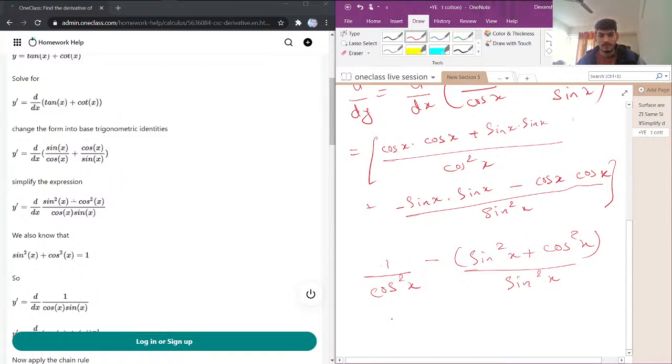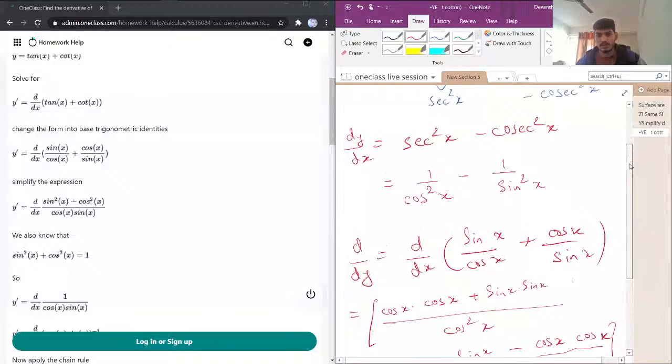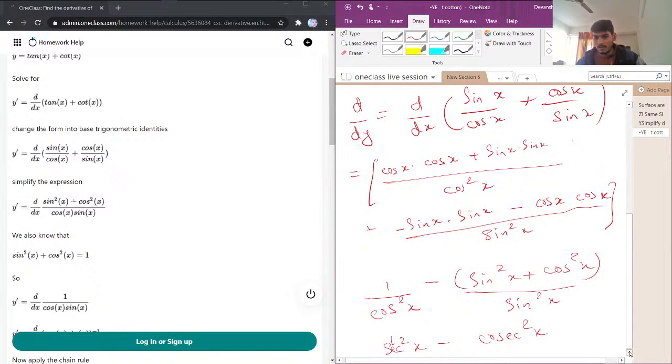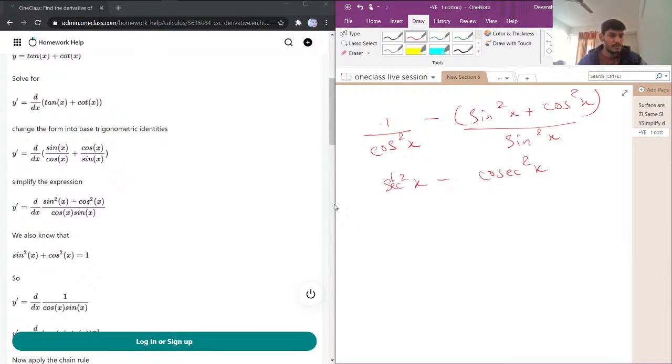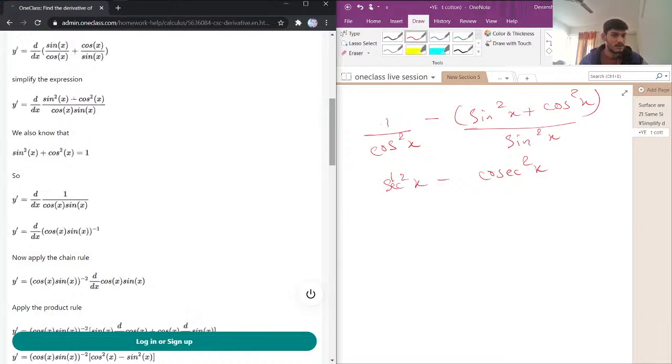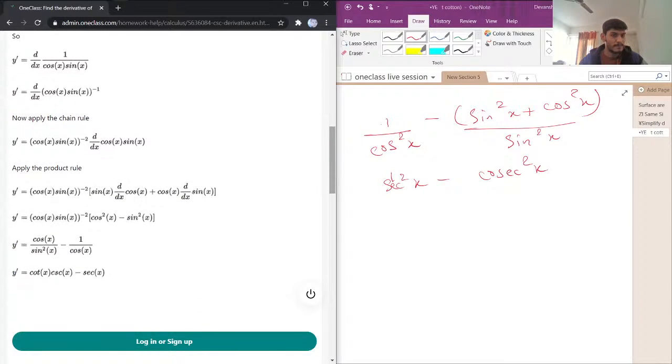Again this will be 1, so 1 over cosine square x minus 1 over sine square x is basically secant square x minus cosecant square x, the same solution which I got here. It can be further simplified, so let's see how they have simplified this.